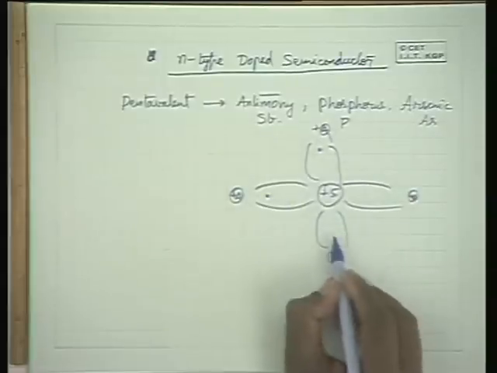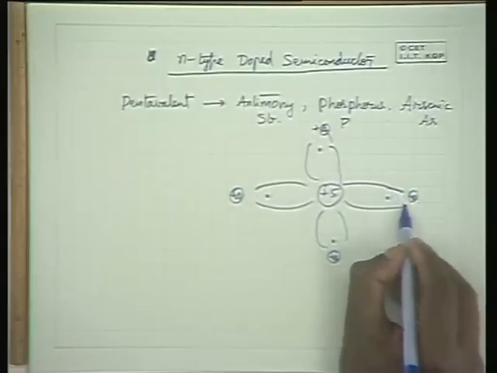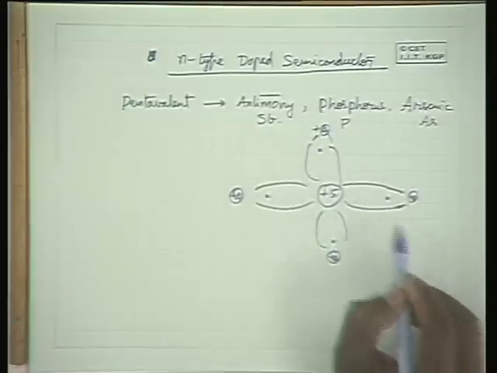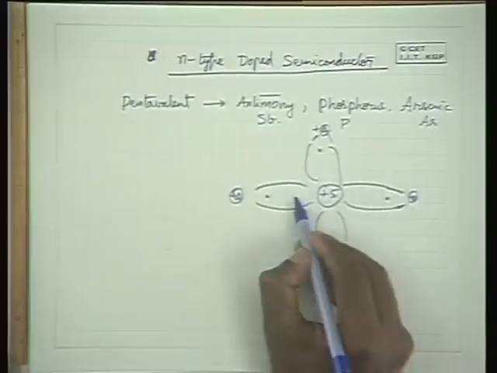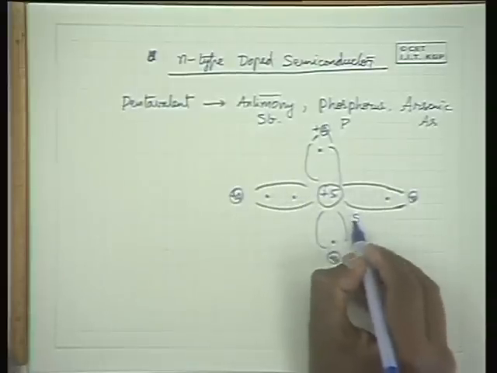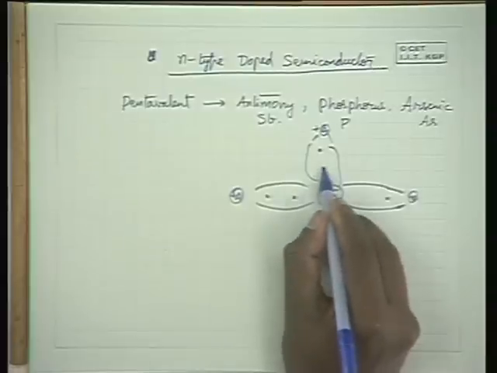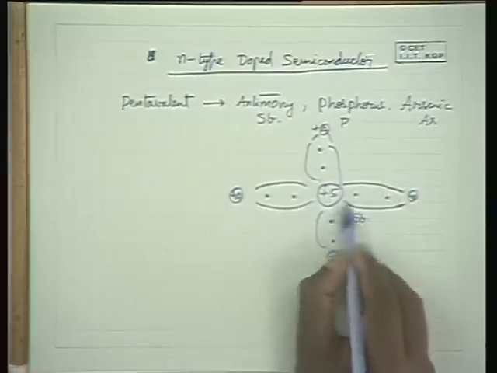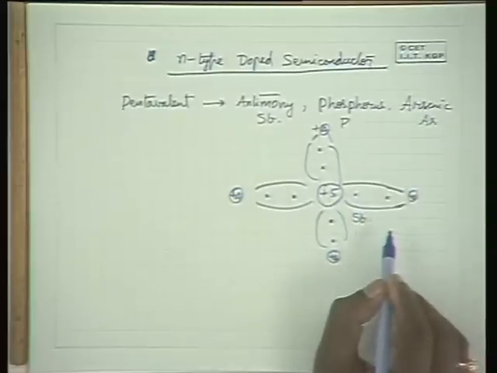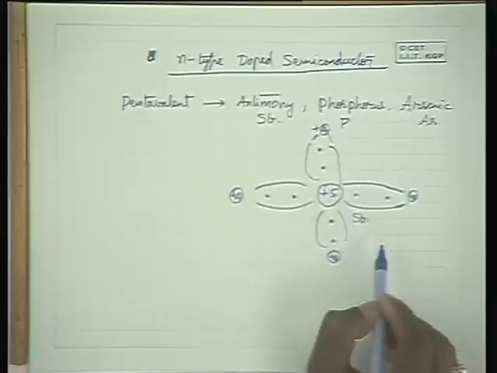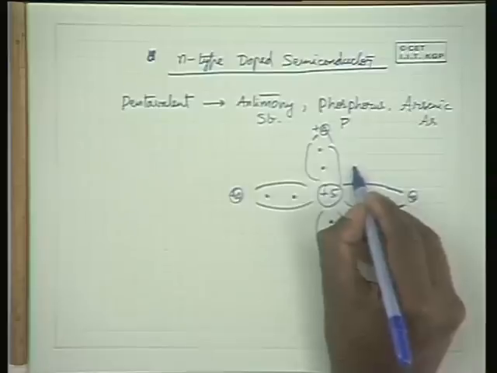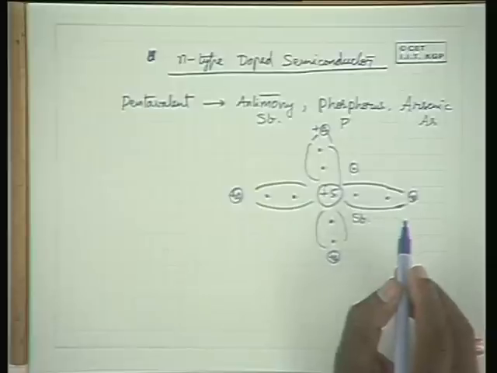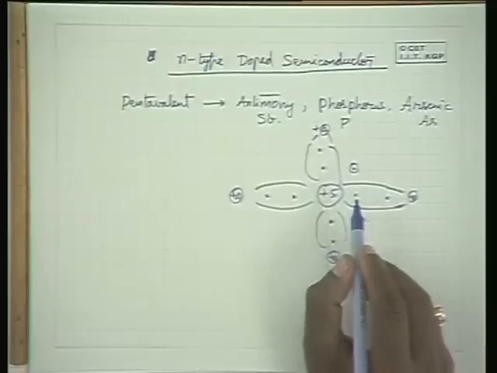As usual, the silicon atoms share one electron each with the adjacent atoms and form a covalent bond. This pentavalent material like antimony has 5 valence electrons in the outermost orbit, and 4 of them take part in forming the covalent bonds with the adjacent silicon atoms, and 1 electron is left out, because in the covalent bond you have space for only 4.